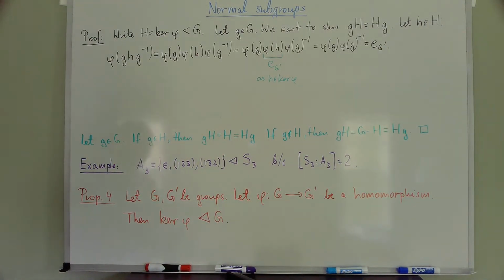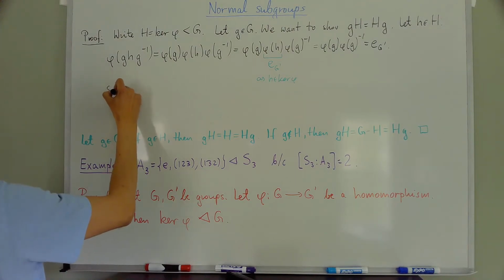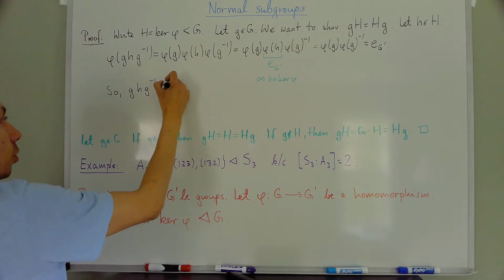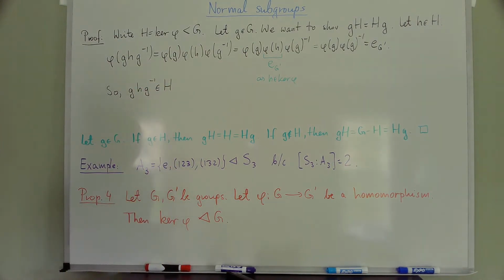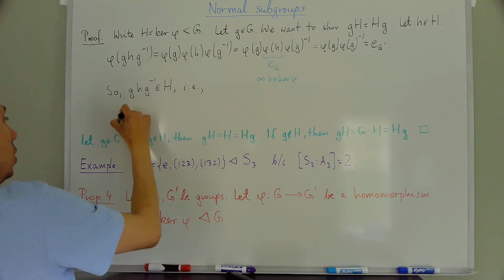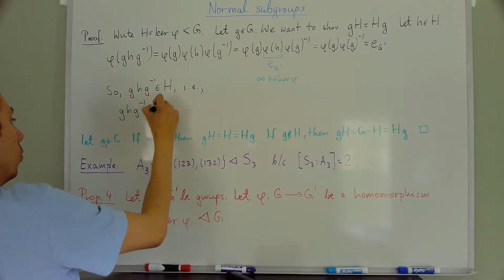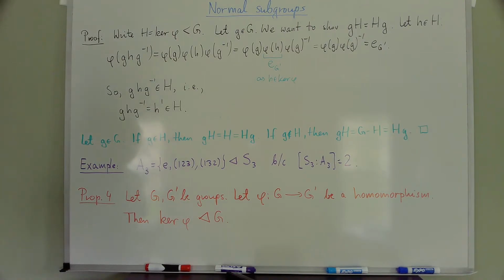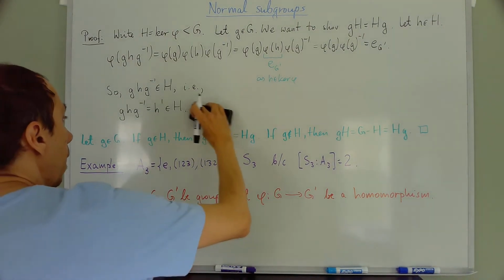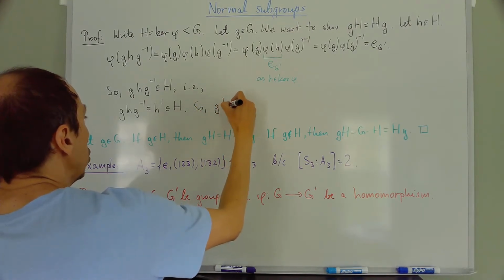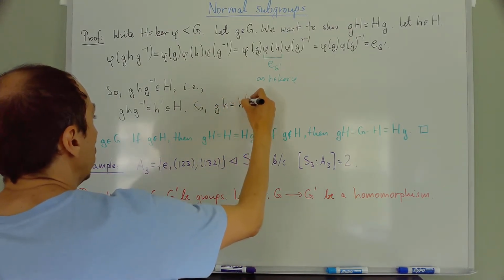So what does this show? g h g inverse belongs also to the kernel of phi, so to H, i.e., g h g inverse is equal to some h' that belongs to the group H. So g h is equal to h' g.